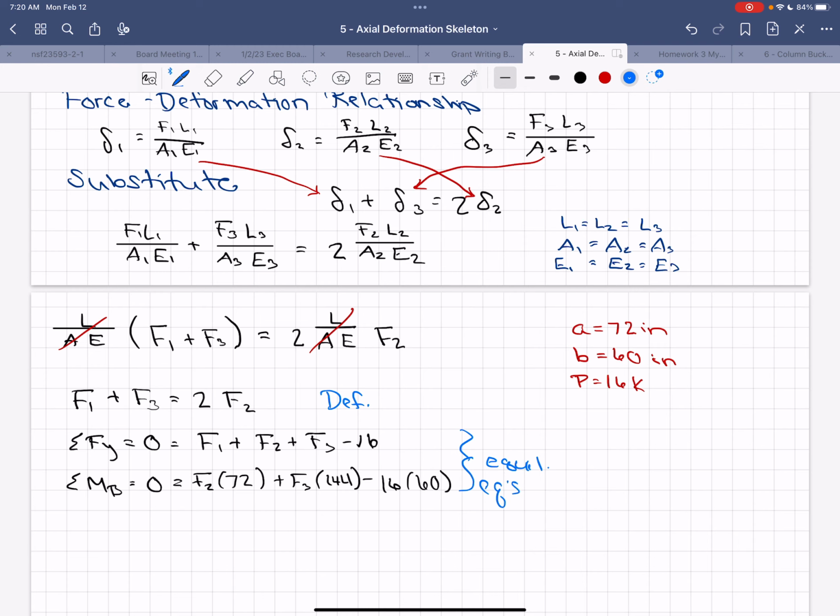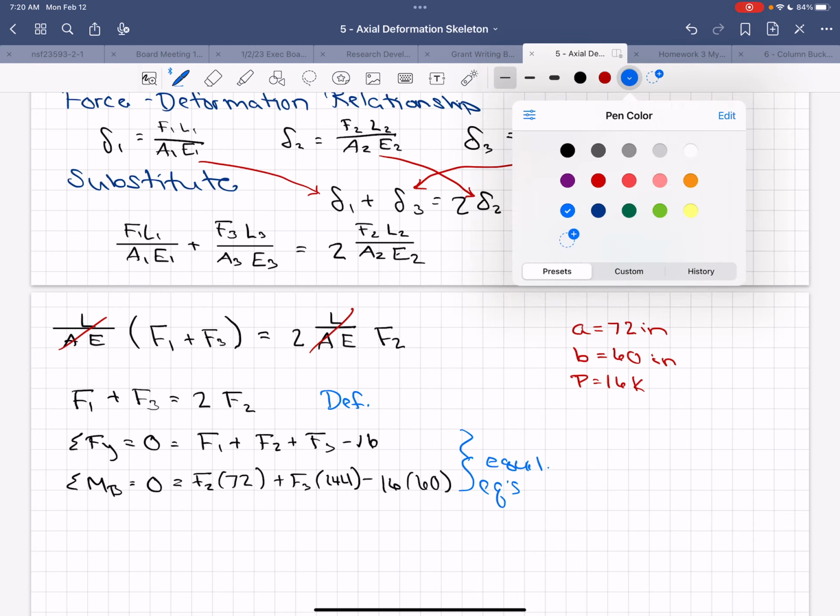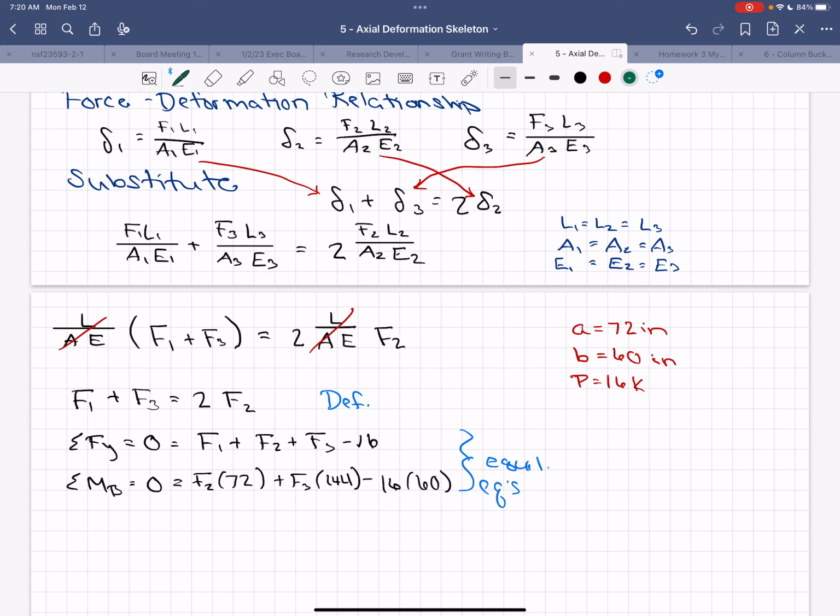Okay, so all of this leaves us with 3 equations and 3 unknowns. And you can do all the algebra, that's fine, but I fully support you using your calculator to solve things, because if you know how to do that, you're less likely to make mistakes.